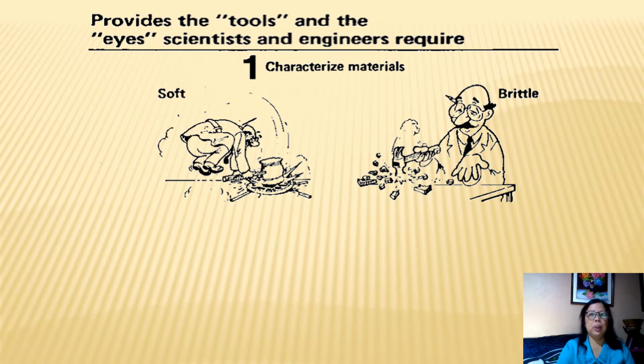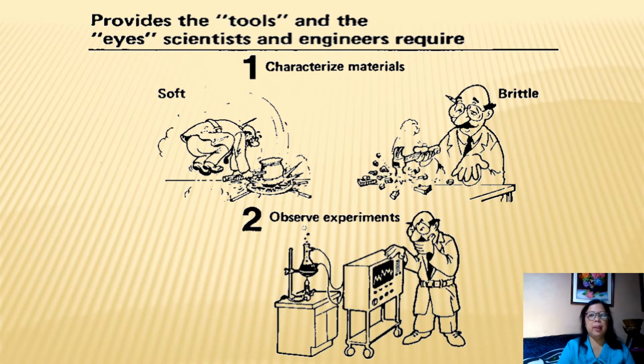How could this happen? First, analytical chemistry characterizes materials, whether soft or brittle, and then observes experiments to know more characteristics. Observing the experiment is analysis, and in analytical chemistry, this is all that you are going to do. This is your language: to observe, to analyze, and observe.